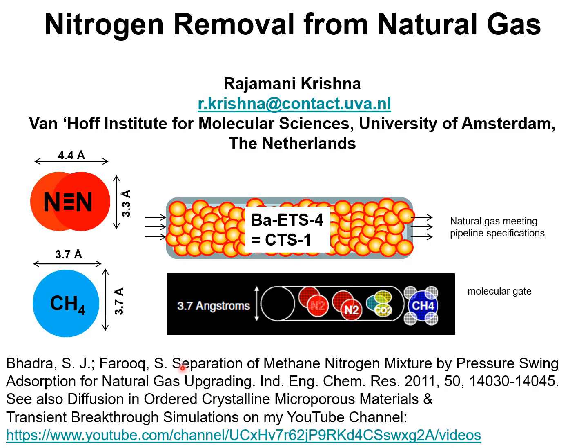The primary objective of this presentation is to examine the mixture separation characteristics of barium ETS-4 using the Maxwell-Stefan mixture diffusion model. I demonstrate the occurrence of uphill transport of nitrogen and transient overshoots of nitrogen.